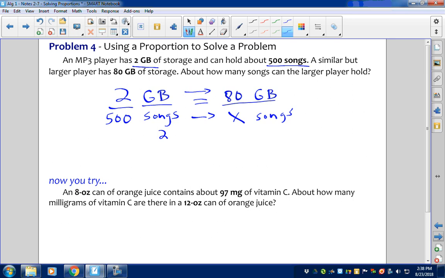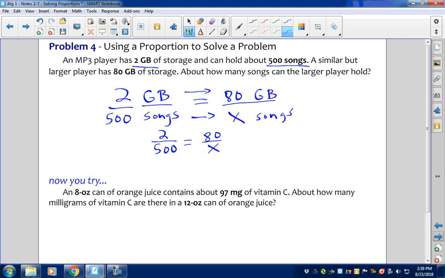So that's your proportion. How many parts does a proportion have? It's 2 fractions, or 4 little cells, if you picture it that way. How many of those cells is going to have a variable in each type of problem? Just one, right? The missing link, or whatever it is we're trying to find. So it looks like this without all the units: 2 over 500 equals 80 over x. Now it's just like what we've been doing.